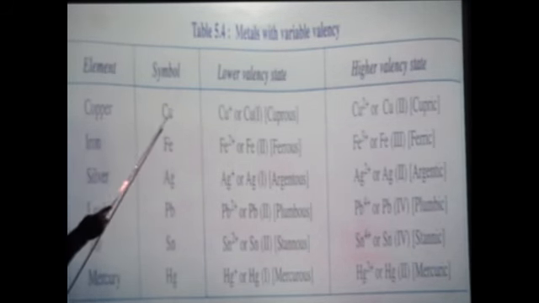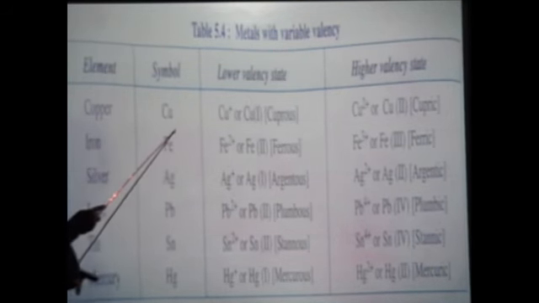The symbol for copper is Cu because of its Latin name cuprum, iron is Fe because of ferrum, silver is Ag because of argentum, lead is Pb because of plumbum, tin is Sn because of stannum, and mercury is Hg because of hydrargyrum.